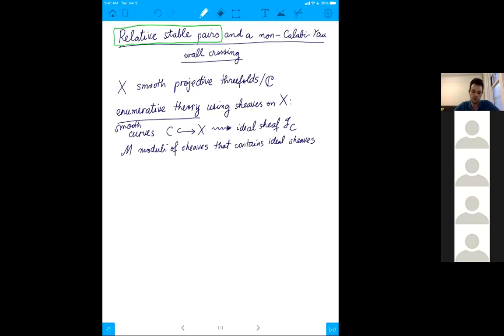And the moduli of these objects that I'll define later in the talk, called relative stable pairs, will be such an example.